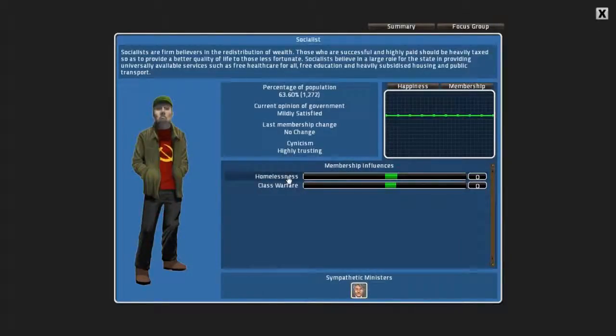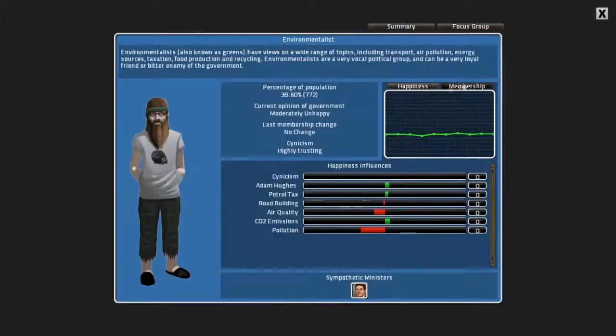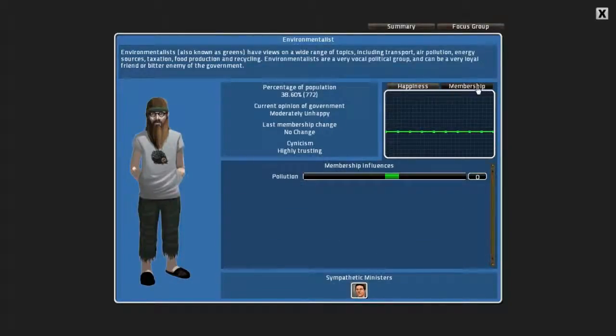So you can actually see what's influencing membership of the socialist group. Let's see if I can pick out another one that's got more changes. It doesn't matter. Anyway, here's environmentalists, and this is what's making them happy or sad. They're fairly sad at the moment because of pollution. And this membership stuff, this is what's actually driving membership.